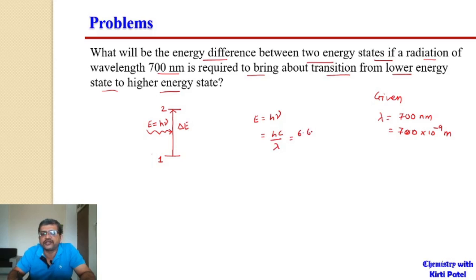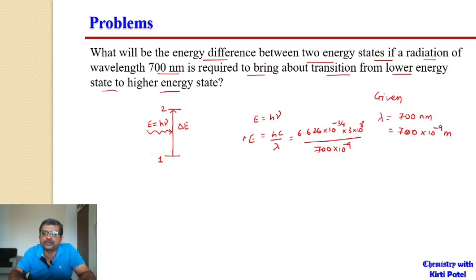We have 6.626 into 10 raised to minus 34 into 3 into 10 raised to 8 meters per second divided by 700 into 10 raised to minus 9 meters. This will be our energy, equal to the energy change between state 1 and 2.